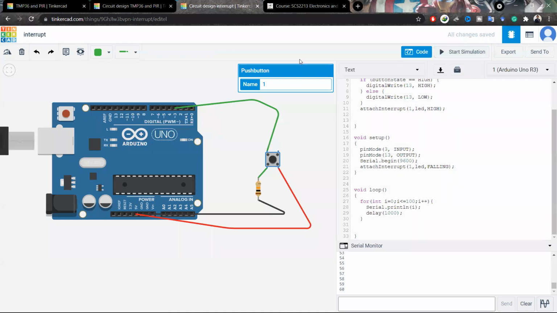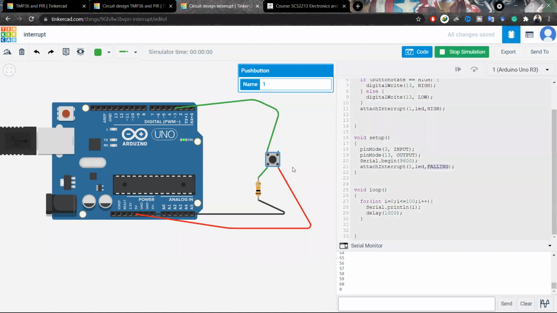Okay, if you keep it pressed down, sir, it shouldn't light up, right? Since it's a press-down button, falling should happen when you release it. Yeah, theoretically you are correct, but there's another issue as well.